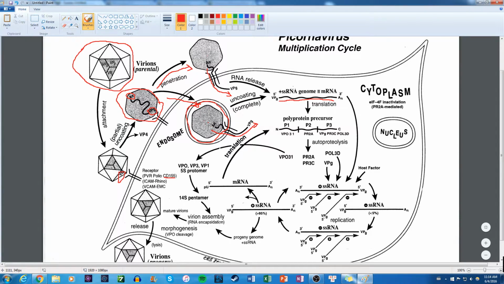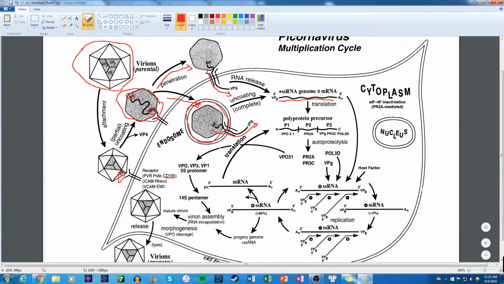It can be immediately translated, and then it can be replicated after the initial translation. And this is why Picornaviridae is one of the fastest replicating, fastest multiplying viruses.